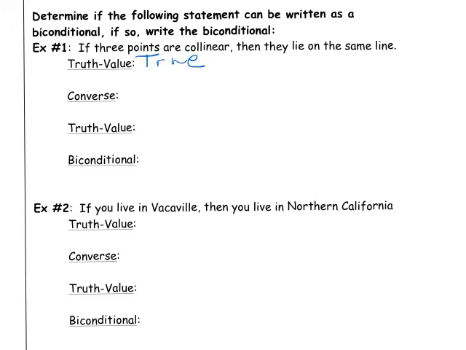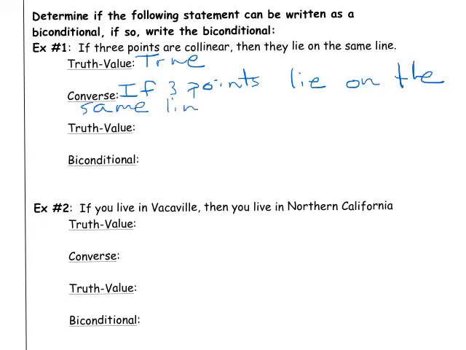So let's write the converse then. The converse would say if 3 points lie on the same line, then they are collinear.